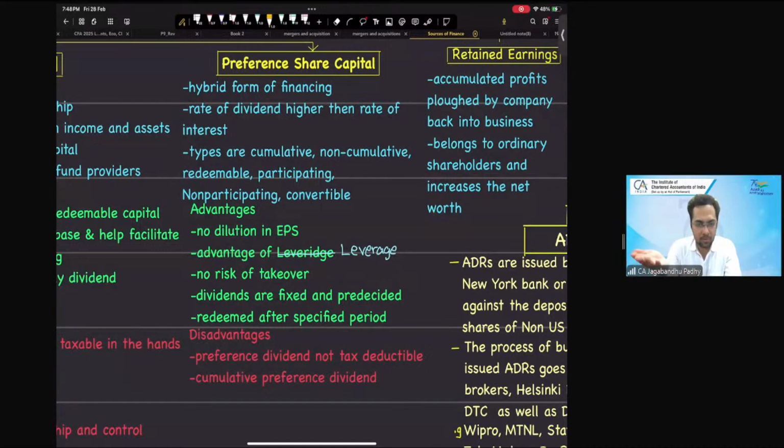So above 100 crore, whatever comes, a portion of that will be given to the preference shares. If you have such a condition, then it's called a participating preference share. If there's no such condition, then it's a non-participating preference share. So participating is basically giving a share in the excess profit.